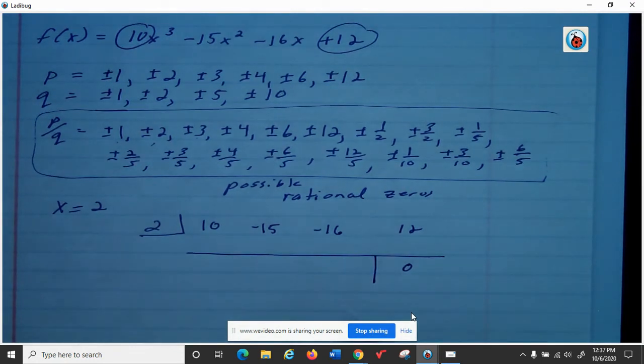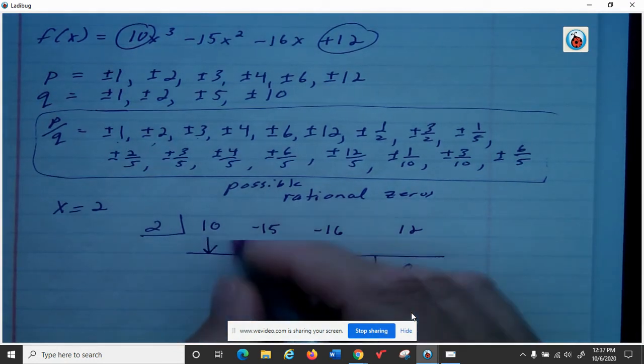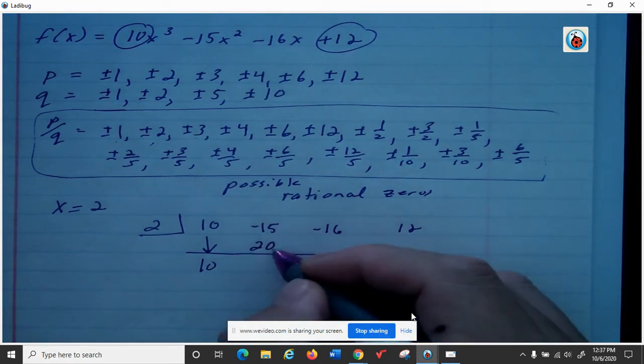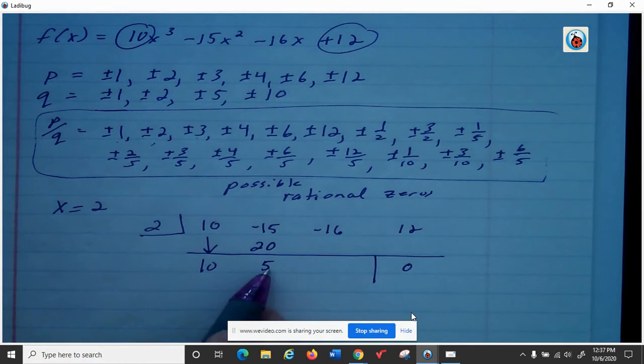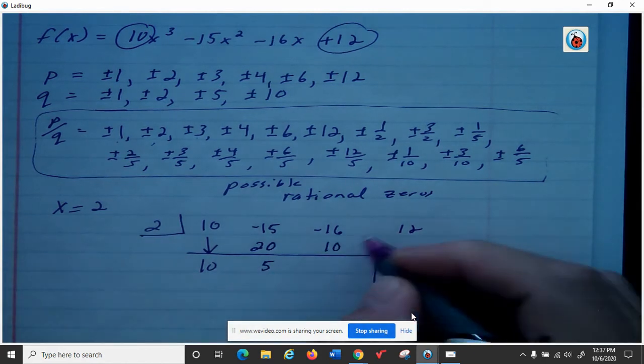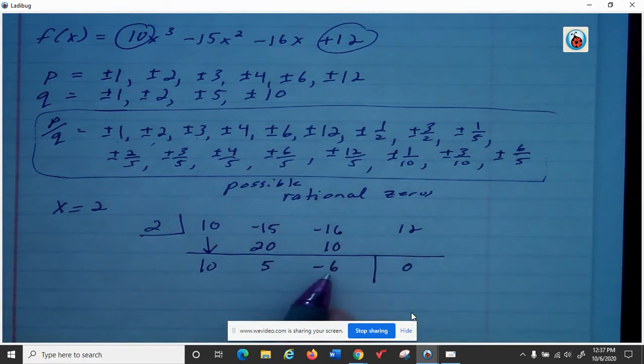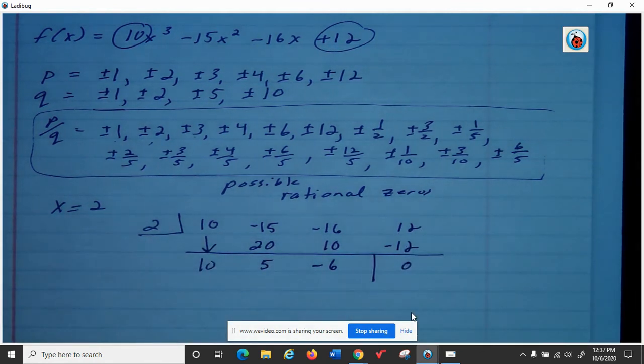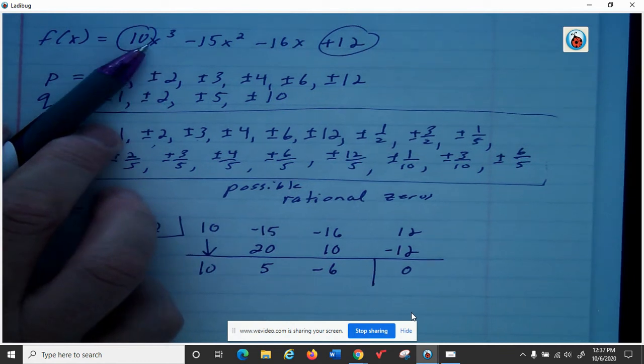All right, so remember synthetic division. Bring down your first number, multiply 10 and 2, put it right here. Combine, multiply 5 and 2, put it right here. Combine, multiply -6 and 2, and there's my 0. So remember, this started off as a third degree polynomial.